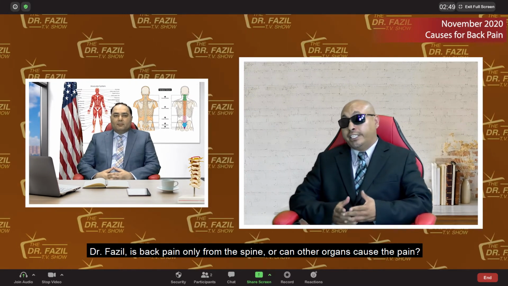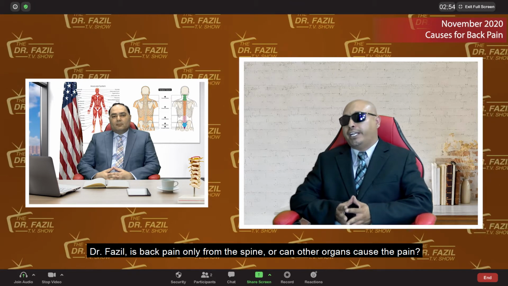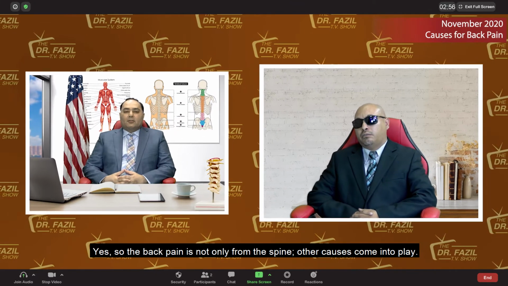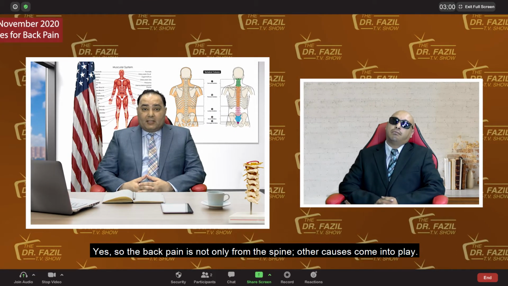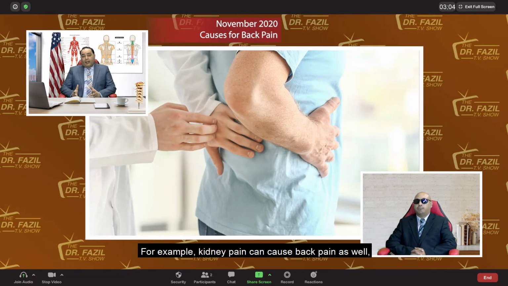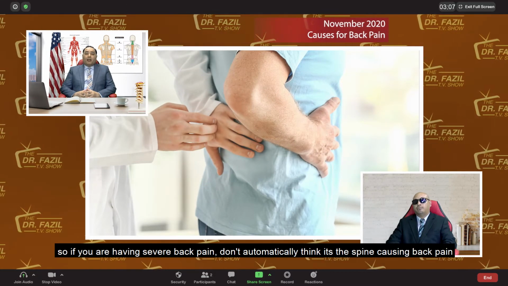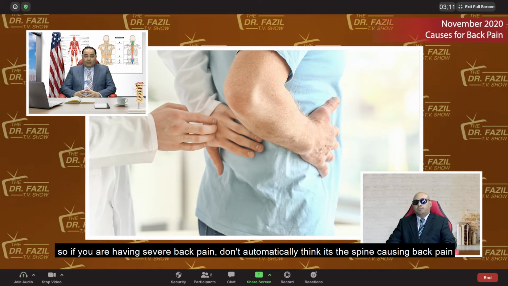And Dr. Fazil, is back pain only from the spine, or do other organs cause the pain as well? Yes, back pain is not only from the spine, other causes can play a role as well. For example, kidney pain can cause back pain. So if you are having severe back pain, don't automatically think it is just the spine.